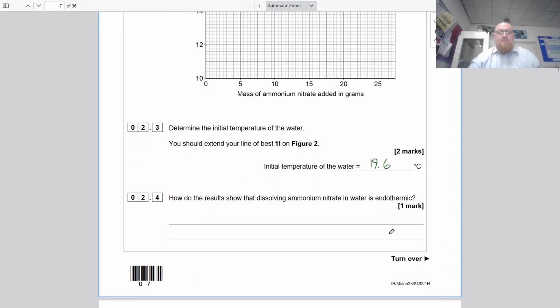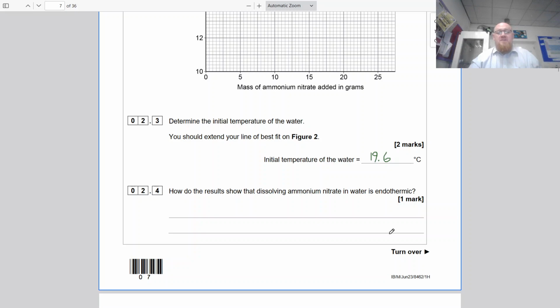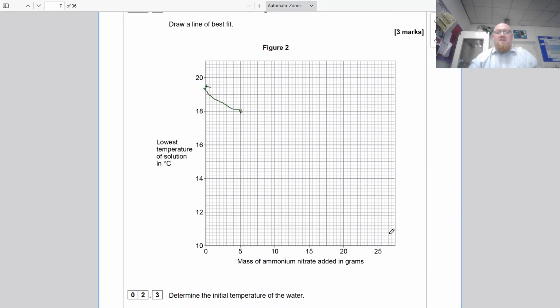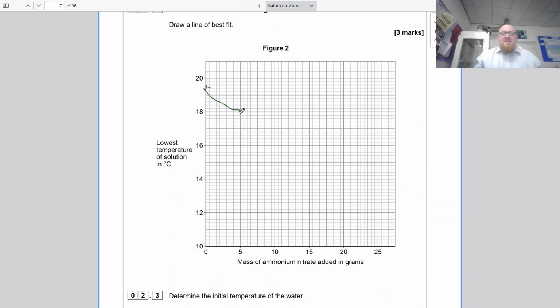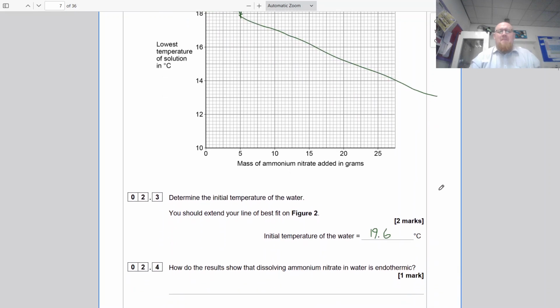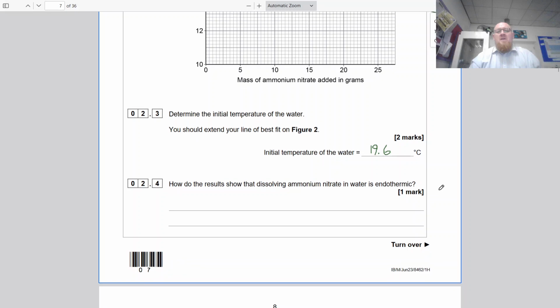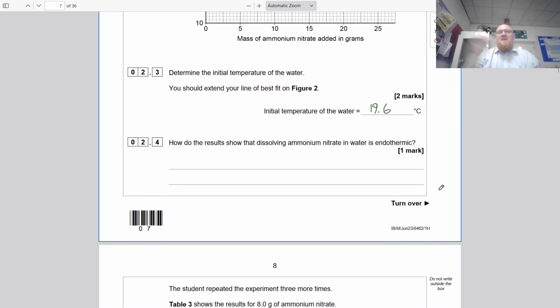The initial temperature of the water is going to be that second one. So how do the results show that dissolving ammonium nitrate in water is endothermic? Let's pretend that this is the line here. What we can see is, as the mass of the ammonium nitrate increases, the temperature decreases. So as I add more ammonium nitrate, the endothermic reaction happens and it cools it down.